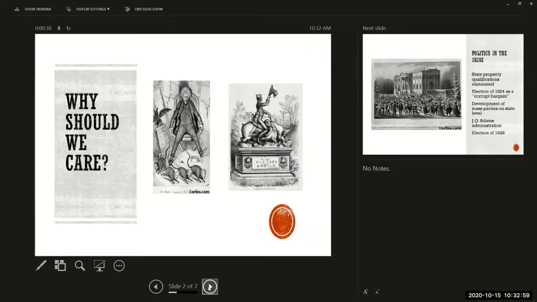Here you see some cartoons. See, Jackson was a very controversial figure during his time. He is often identified with the beginning of a sort of more democratic polity in the US, more concern with the common man, certainly more inclusion of white working class men in the vote.